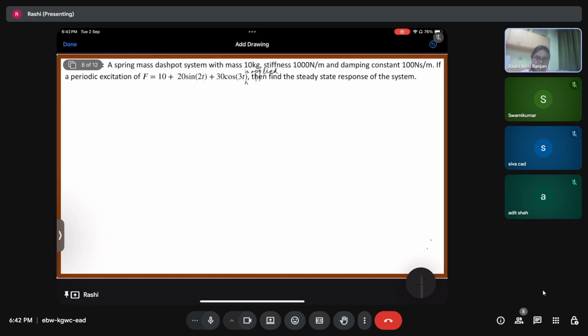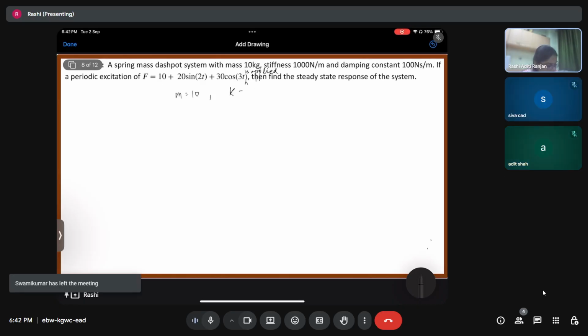First, we'll write the equation of motion. So we have mass as 10 kg, K as 1000 Newton per meter, and C as 100 Newton second per meter.